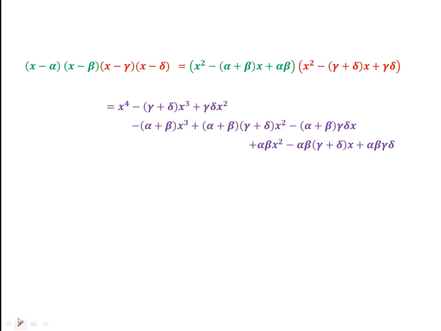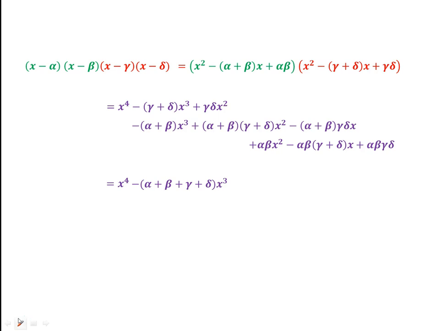We can see that we've just got one x to the 4 here. And then in terms of the x cubed terms, we've got minus (alpha plus beta plus gamma plus delta) lots of x cubed. Now the x squared terms we'll need to look rather more carefully. On the top line, we've got gamma delta times x squared.